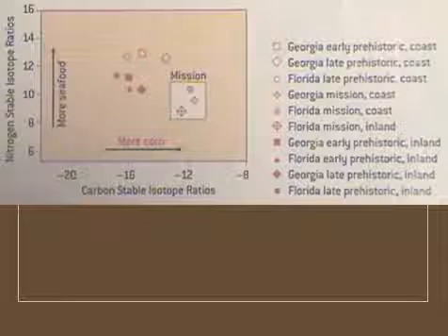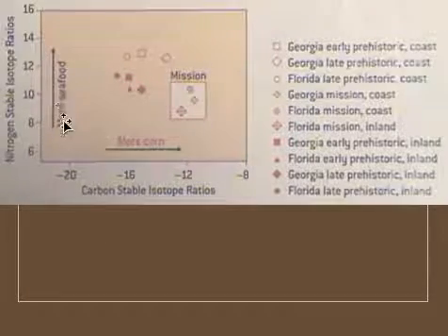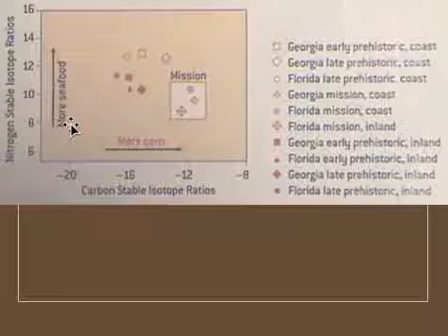What they did first, and we talked about this when we talked about archaeometry, you could take stable isotope ratios of bones and you can reconstruct diet that way. And so you could see here the nitrogen and the carbon isotope ratios, and you can see the ratios of more seafood along this axis, more corn along this axis.